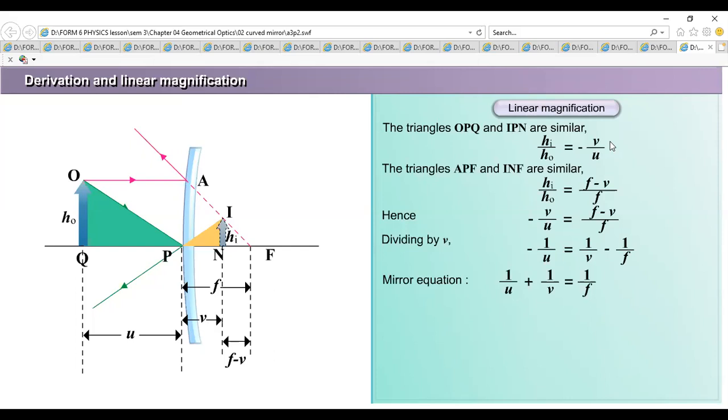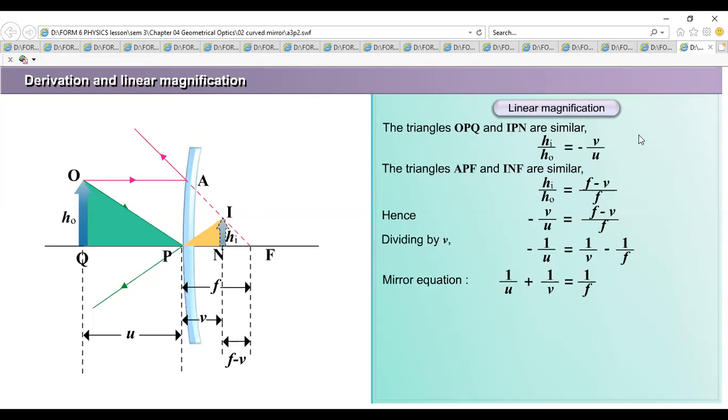Ladies and gentlemen, we notice that there is a negative sign. This negative sign shows that the image formed by the convex mirror is a virtual image, because all the images formed by a convex mirror are virtual.